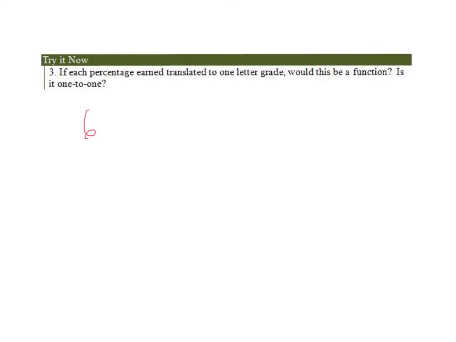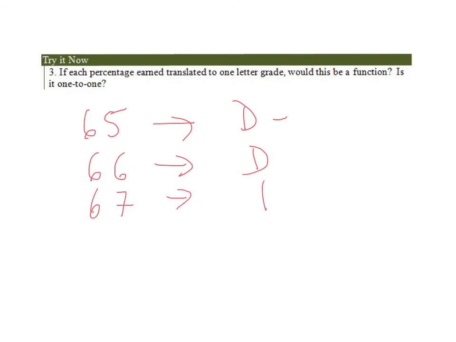If you were in a 65 at Oxbow, that's a D minus. If you're in a 66 at Oxbow, that's a D. A 67 is also a D. Then I think a 68 cranks it up to a D plus.